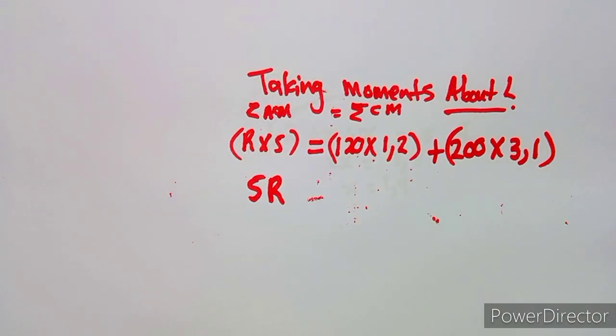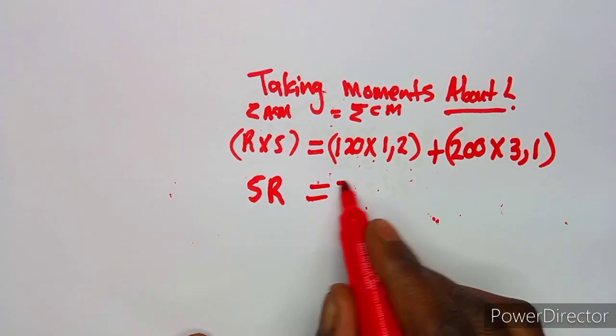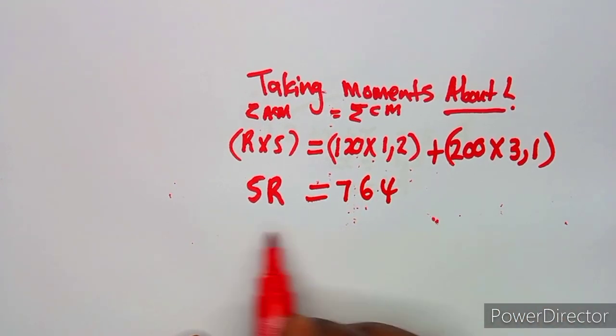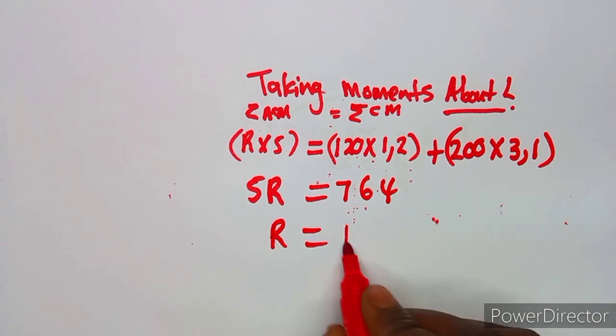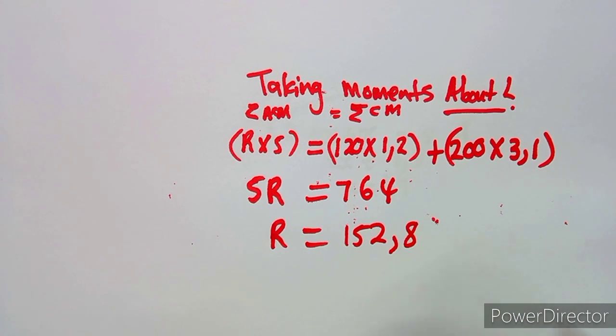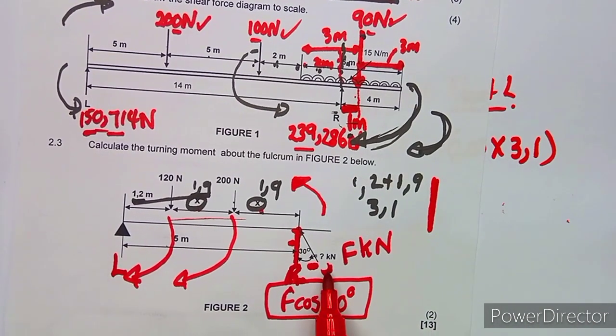That's 764 there. All right, then divide by 5. Definitely our R is going to give us something like 152,8. So as we can see that this was in kilonewtons here.